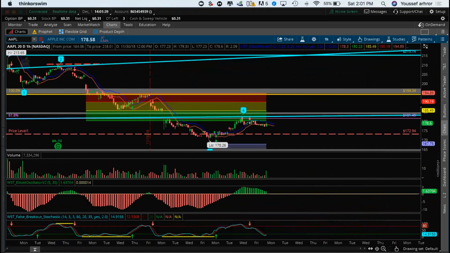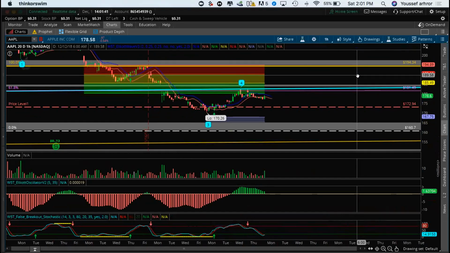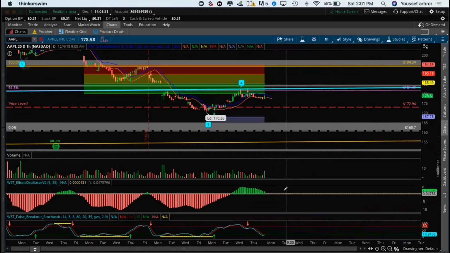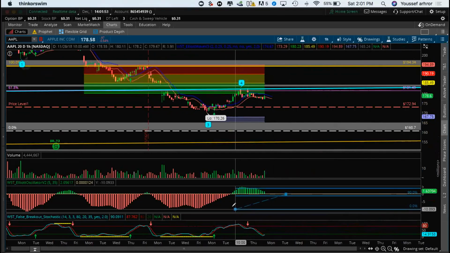Okay, it's fine. So the first thing to do is measure the 535 oscillator. So this is a good example here. So I'm going to use this. I'm going to go from here to the highest point on the wave 3, which is there. Okay, now it's broken the rules.